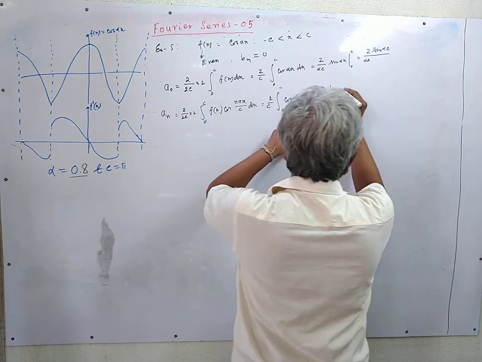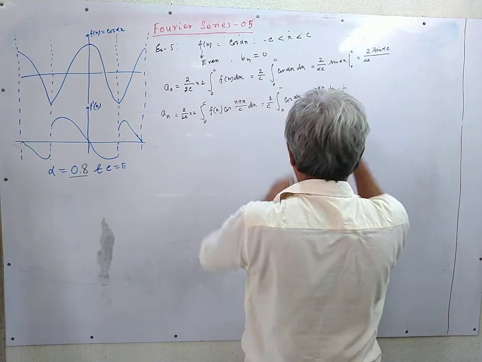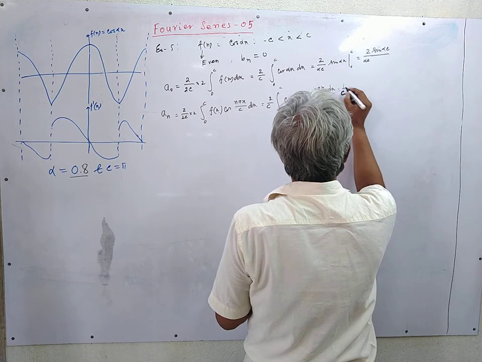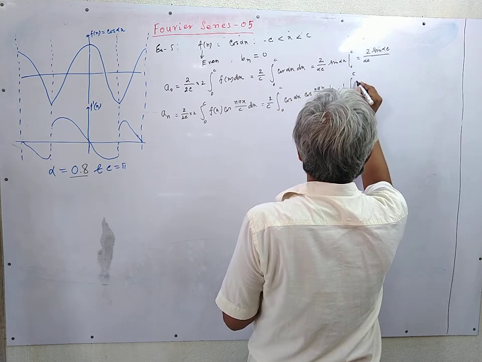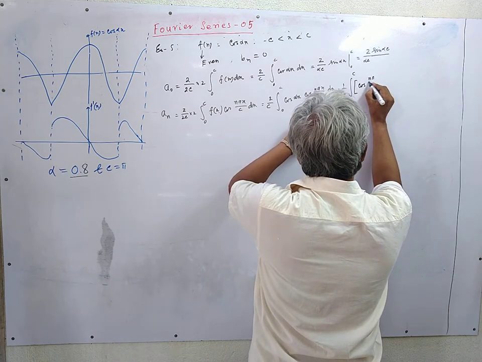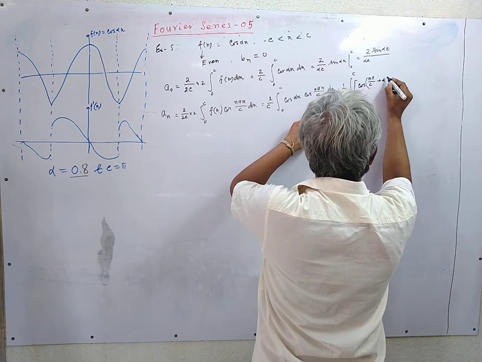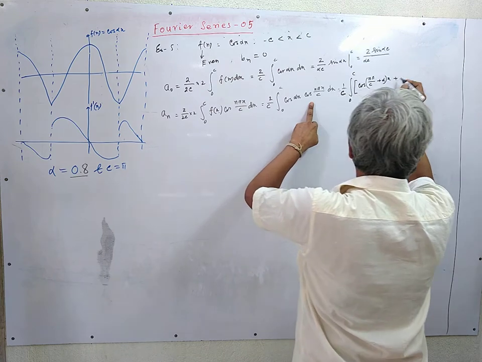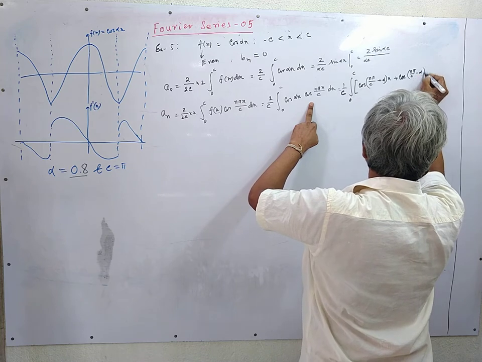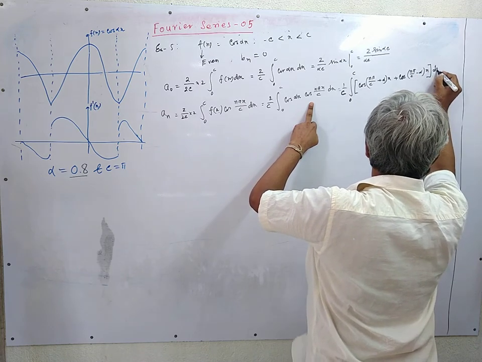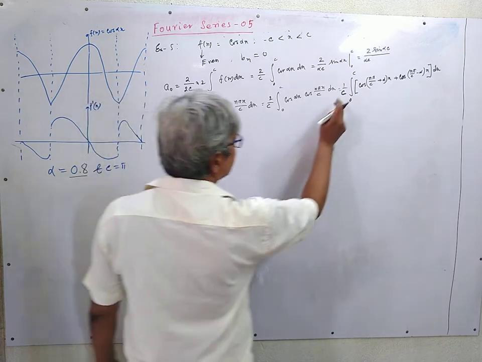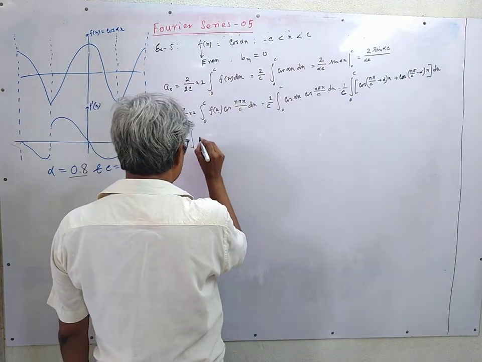This we write as 1 upon c integral from 0 to c of cos of n pi by c plus alpha x dx.